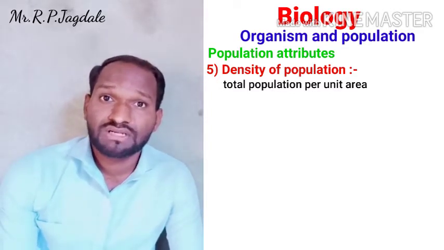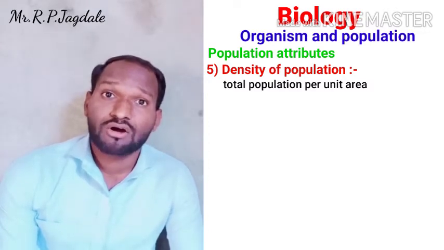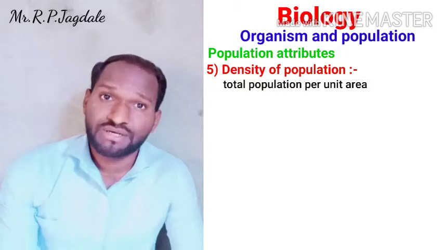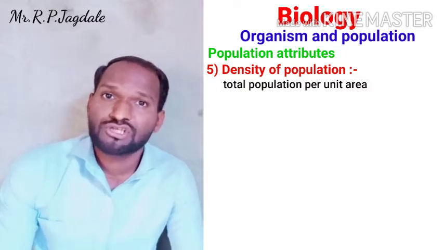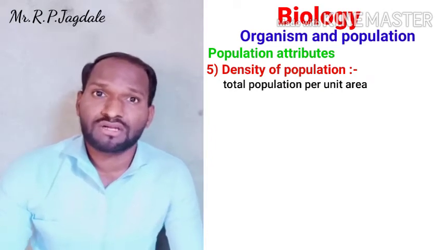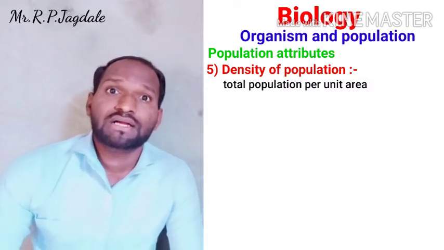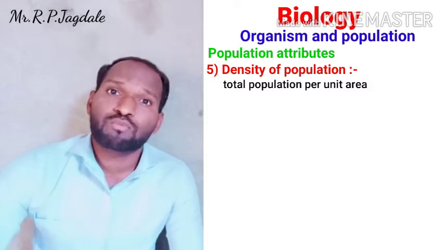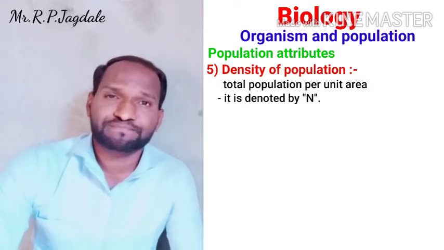But in case of human population, we should take kilometers. That means the fluctuations in the area take place. So population density is different in different organisms or in different animals. And this population density is denoted by capital N.